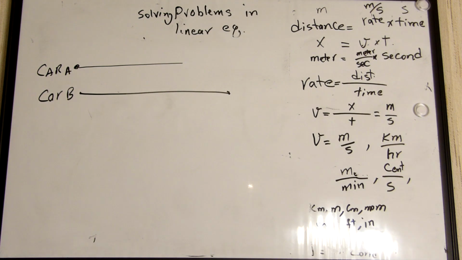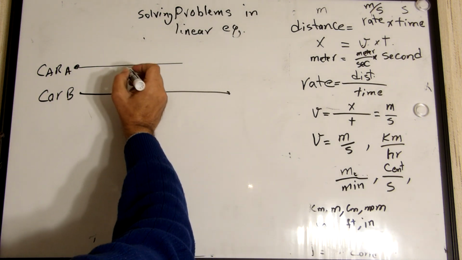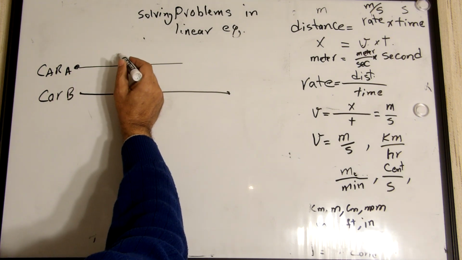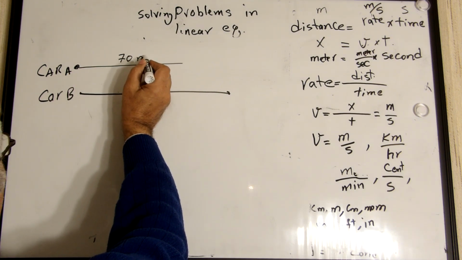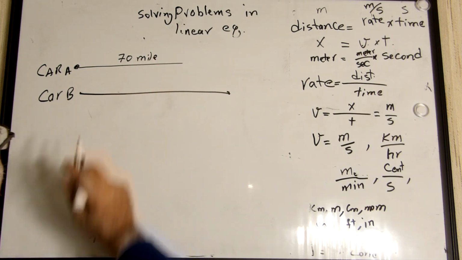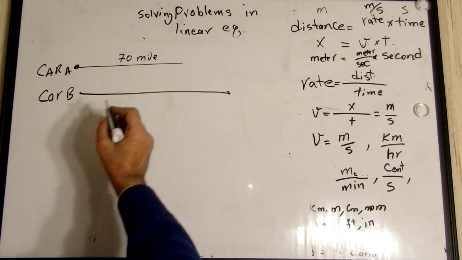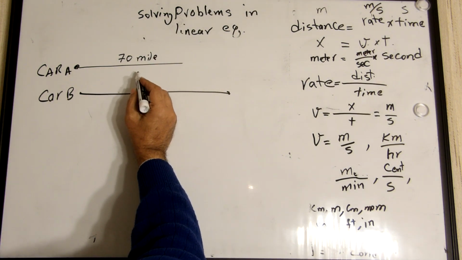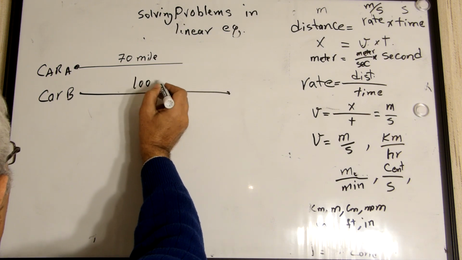This one travels 70 miles, for example. We talk about miles here, the distance. And the other one travels 100 miles.